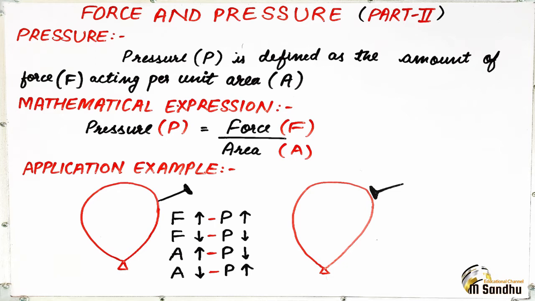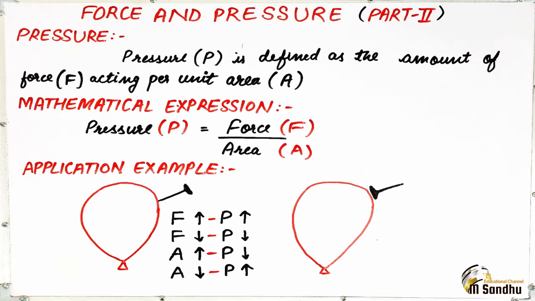This is because when the area of contact is small, as in the case of the sharp side of the nail, all the force is concentrated and applied on a smaller area of the object. In the second case, the force is applied on a larger area, so it is more spread out, and this reduces the effect of force on the balloon per unit area.